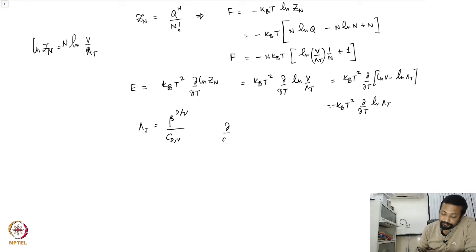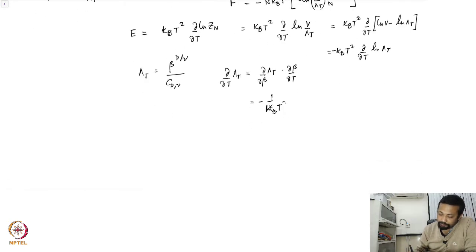So del T of lambda t is del beta of lambda t into del beta del T. Del beta del T is minus 1 over kB T squared, times del lambda t del beta.